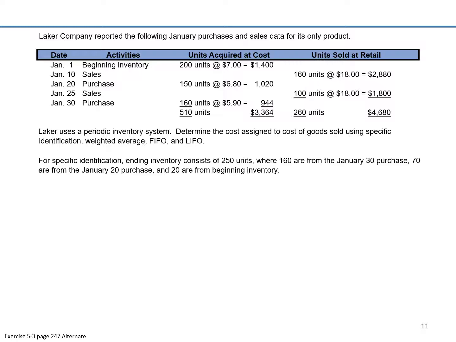And then for the specific identification, your ending inventory consists of 250 units this time, 160 from January 30th, 70 from January 20th, and 20 from beginning inventory. So why don't you pause the recording, take a few minutes, attempt to compute the cost of goods sold and the ending inventory for each of these scenarios, and then when you're finished, resume the recording and we'll go through the answers.